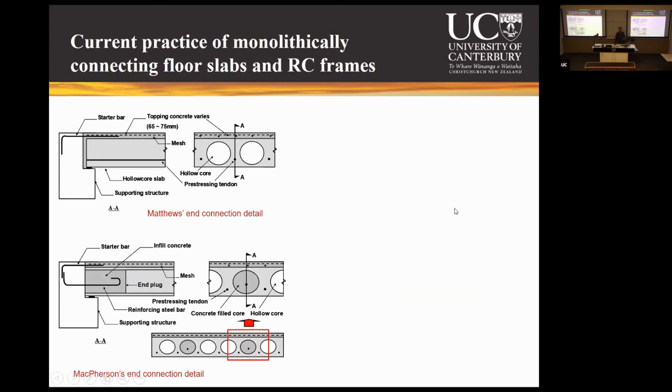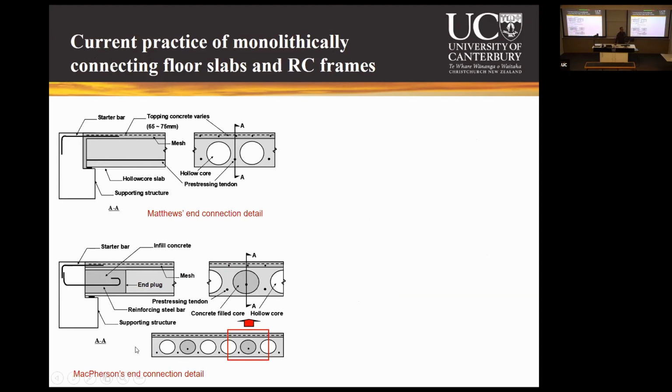So let's look at the current practice of connecting the floor slabs and reinforced concrete frames. After Matthew's test, we came up with the interconnection detail, where the precast flooring units rested on the beam, and the topping slab connected the precast unit with the beam through the starter bar.